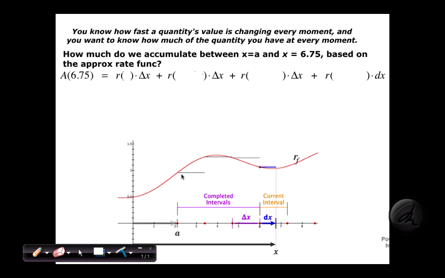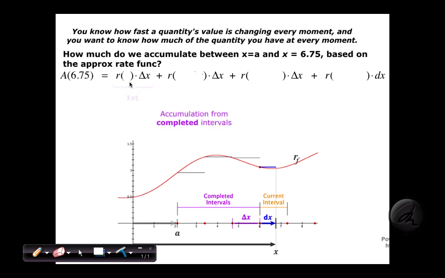So we're going to use our constant rate, plain old r, for delta x units. And then we're going to use this r for delta x units, and then this one for delta x units. And then we've just got this stray term here. So if you can see up above, this is kind of what's going on with some details left to fill in.